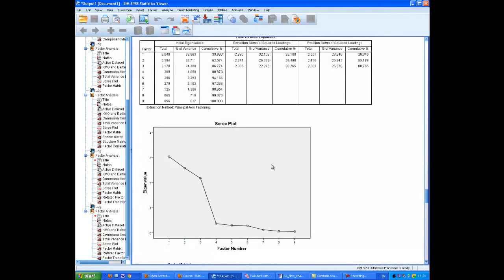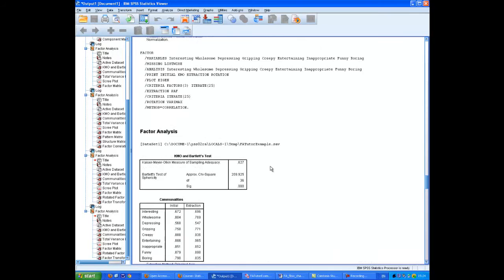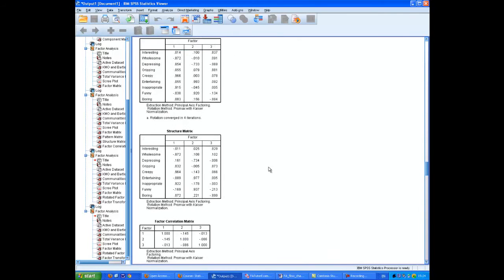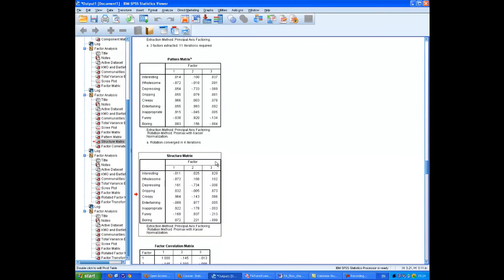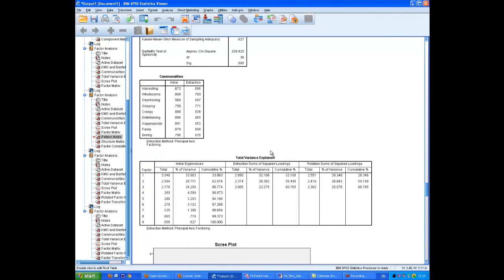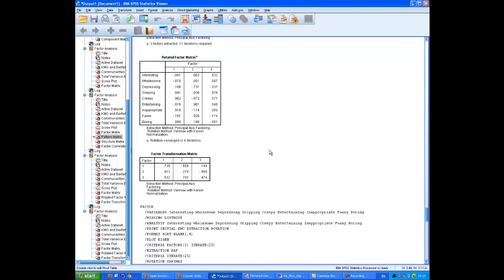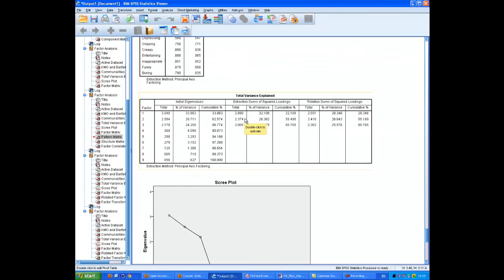Back here we would have something rather different. We would have, in fact, two matrices to look at, and with an oblique method like Promax, we always look at the pattern matrix rather than the structure matrix. But in this case, we've decided to go with the varimax, and so we only have one.